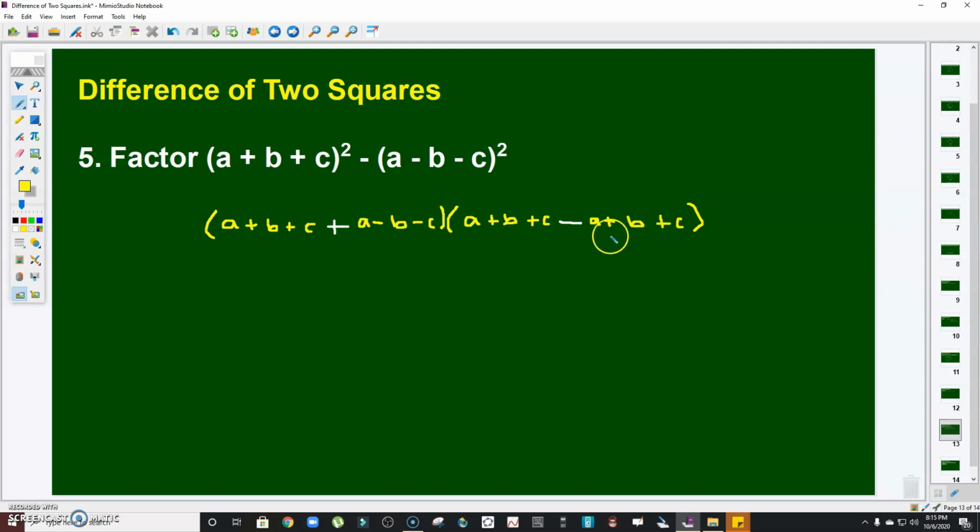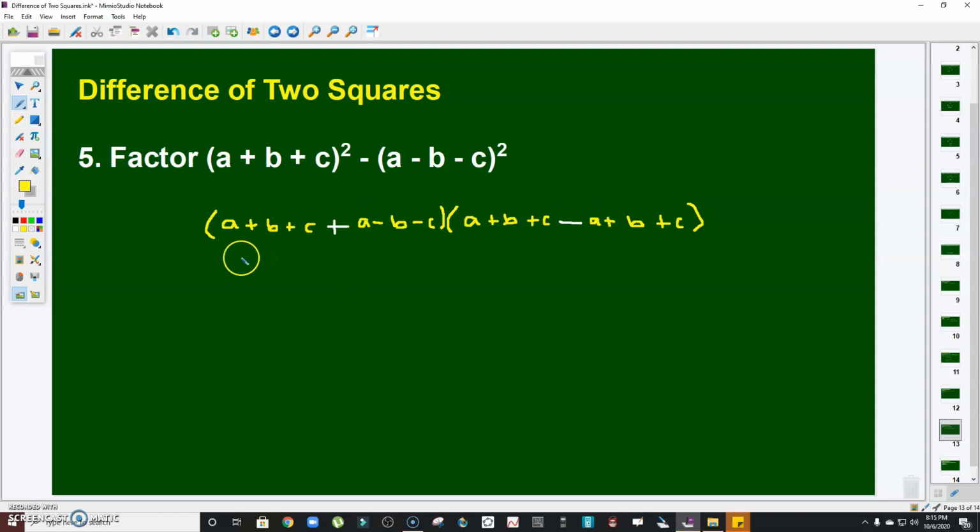Once again, since it is preceded by a negative sign, the signs change. So that will be negative a, positive b, positive c. Clear? Then combine like terms.